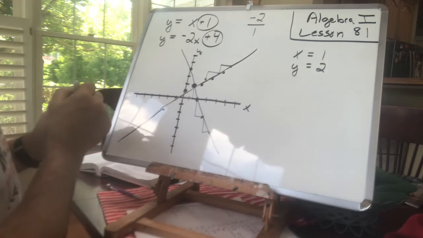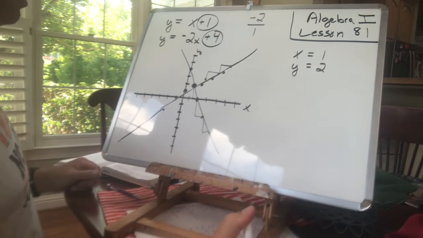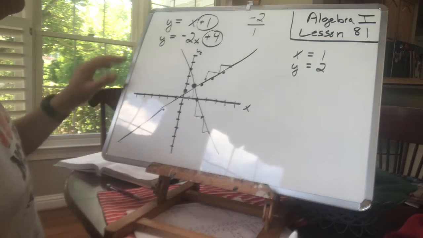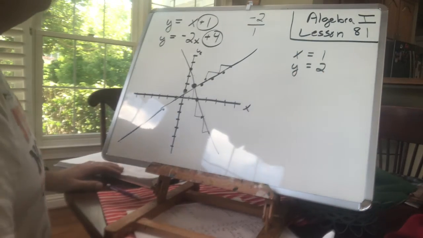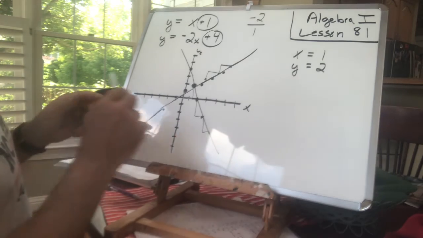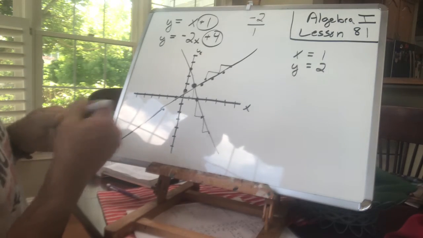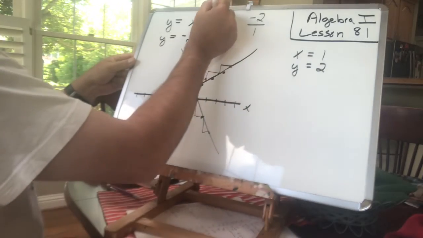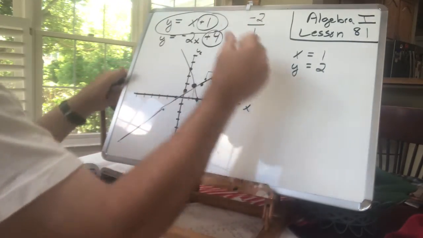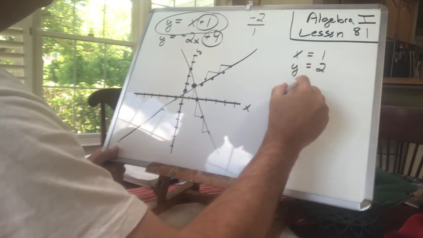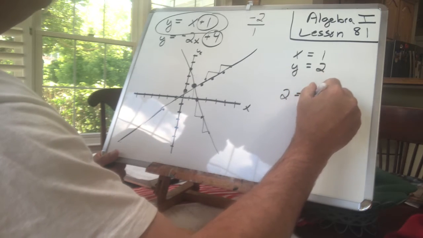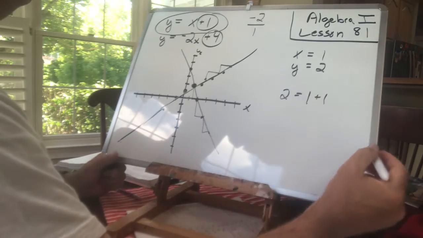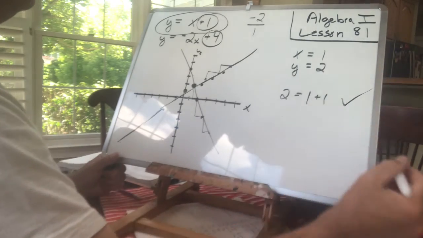So we can go back and check this work by substituting 1, 2 into these equations and see if they work out. If x equals 1, y equals 2, in this one that would mean 2 equals 1 plus 1. And yes, 2 equals 2.